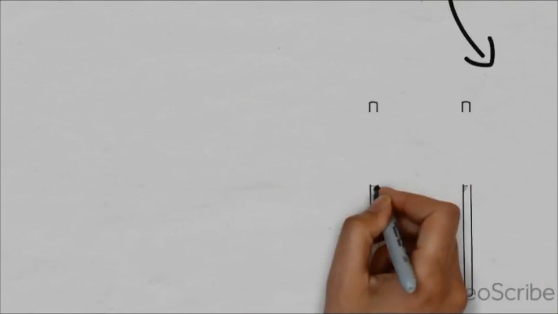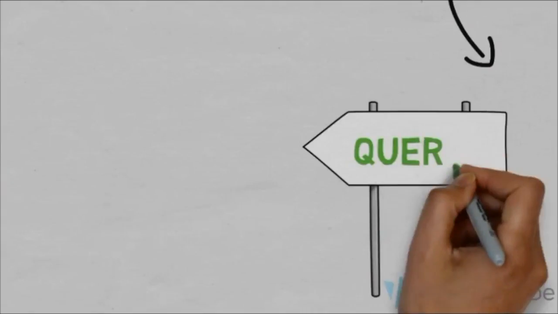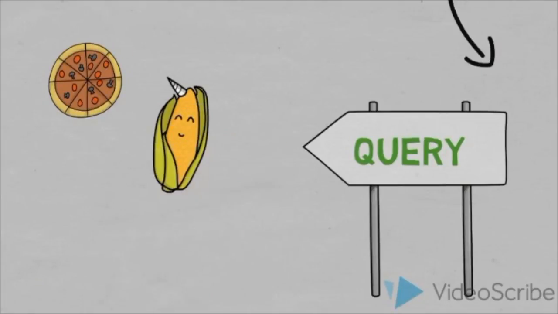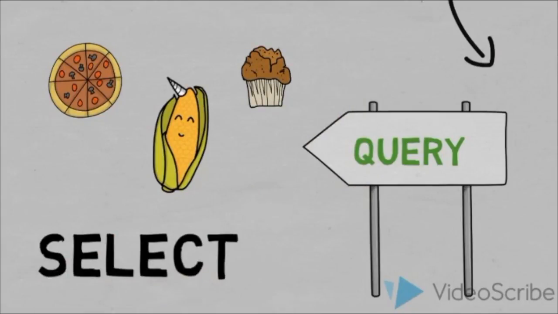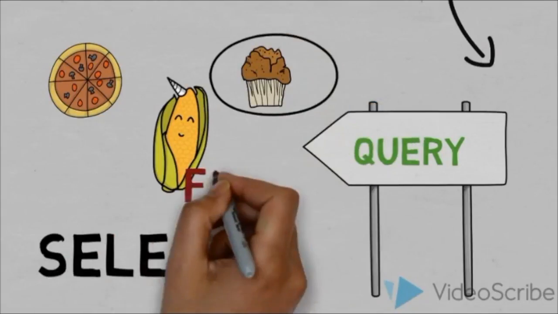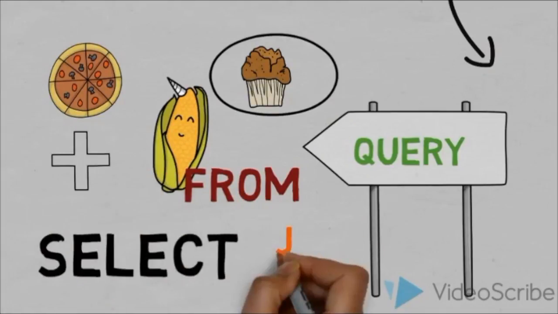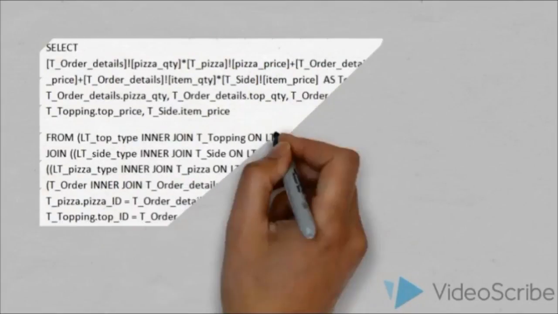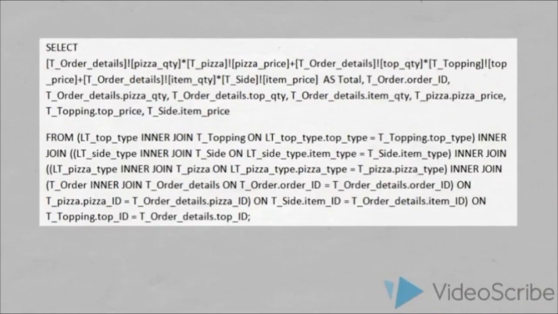Moving on, we have created a query in Access, which uses structured query language. We have used the select, from, and join functions to calculate the total combined price of several items making up an order. Now the screen shows an SQL format of our query, which illustrates the different clauses used.